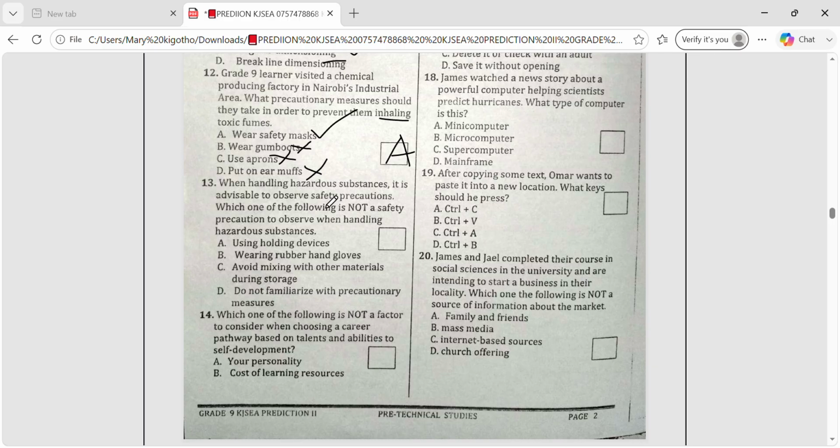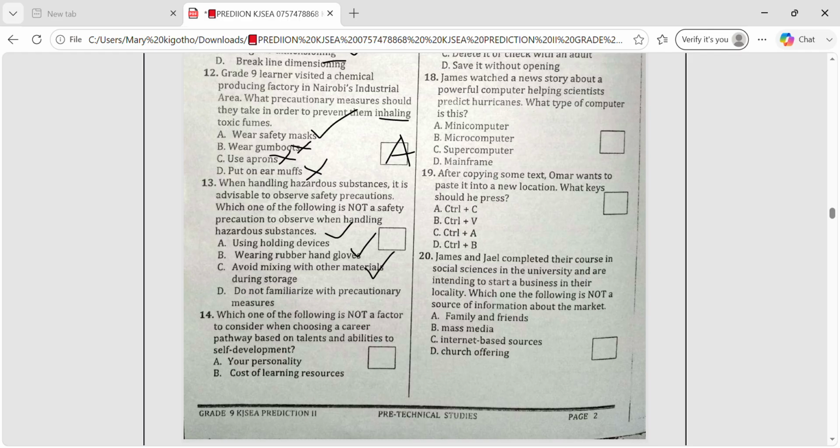So A, using holding devices like tongs, is good practice, keeps hands away from direct contact, so it is a precaution. Wearing rubber hand gloves is good practice, protects skin, and this is a precaution. Avoid mixing with other materials during storage is good practice, prevents dangers and chemical reactions, that's a precaution.